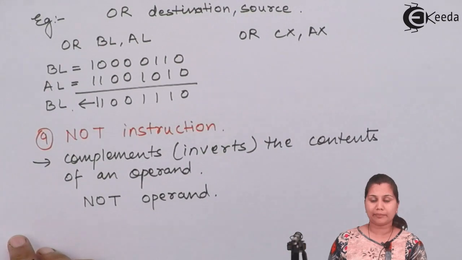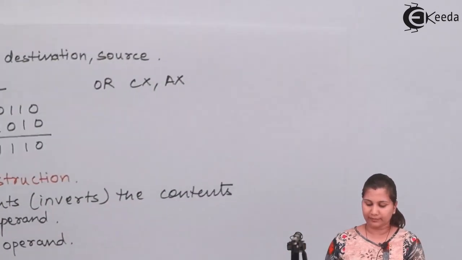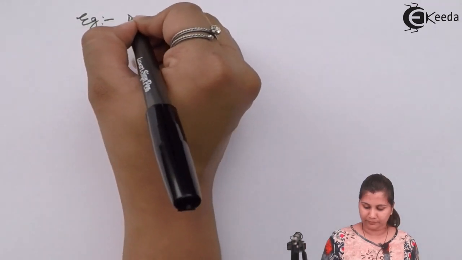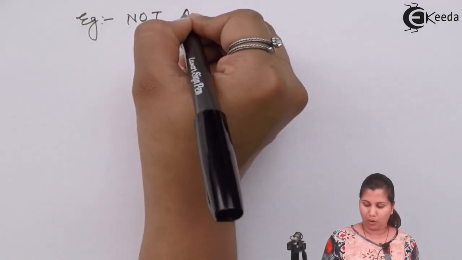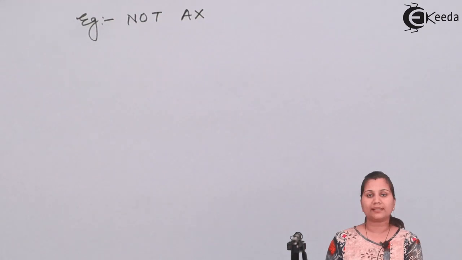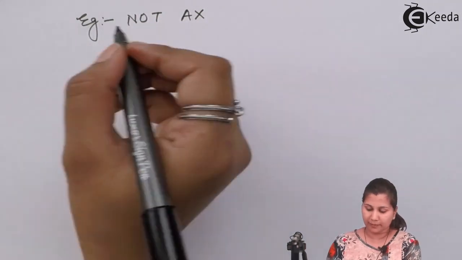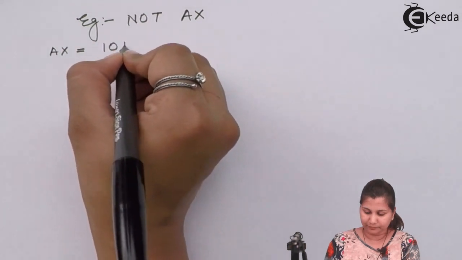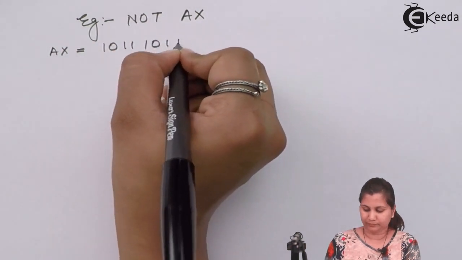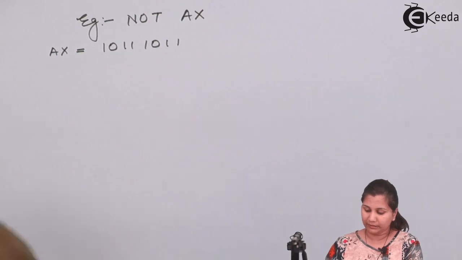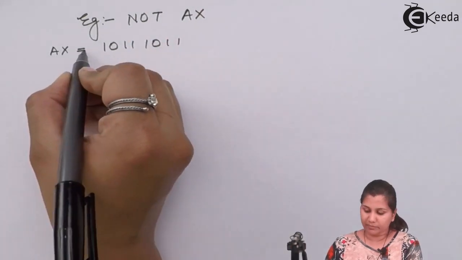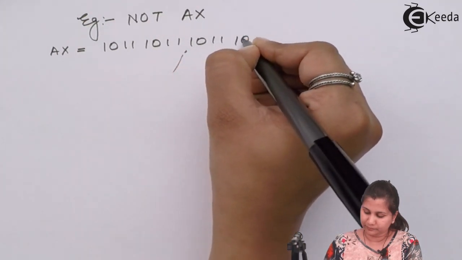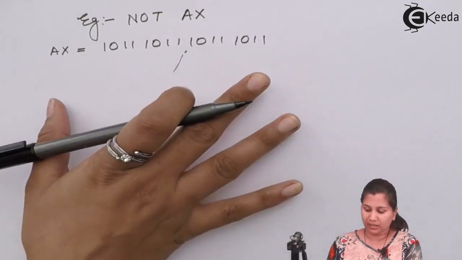If we take an example of this instruction, NOT AX. AX is a 16-bit register. Suppose this was its content.